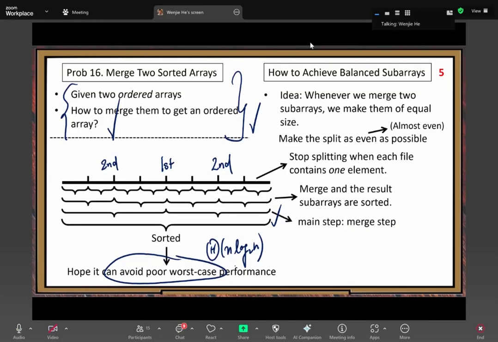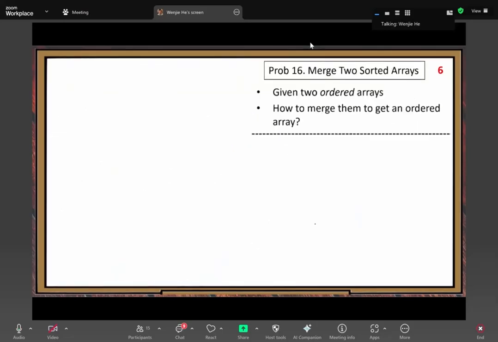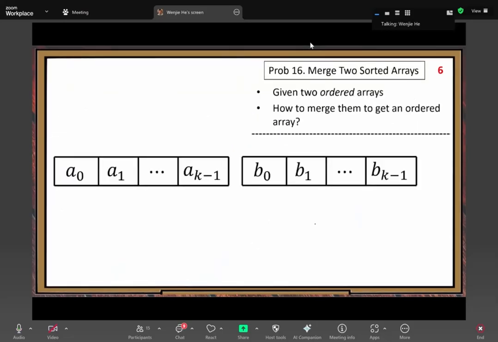Next, we need to work out this merge step. For the merge step, let me use this diagram to explain.